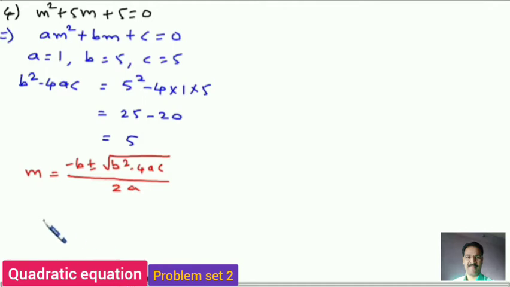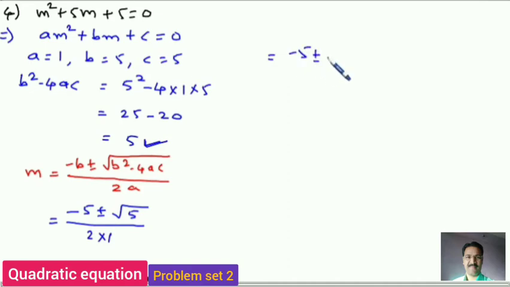Minus b, b is 5, already minus is there, plus or minus under root 5, that is the b square minus 4ac value. 2 into a, which is 1. So what you can find here is minus 5 plus or minus under root 5 upon 2.